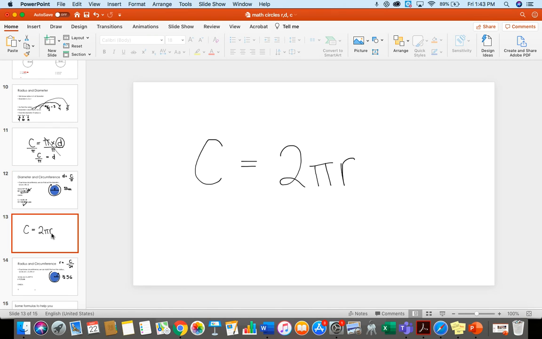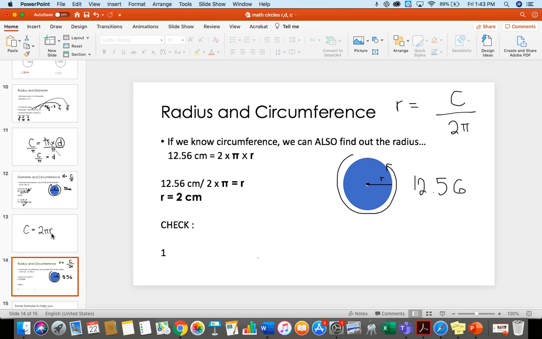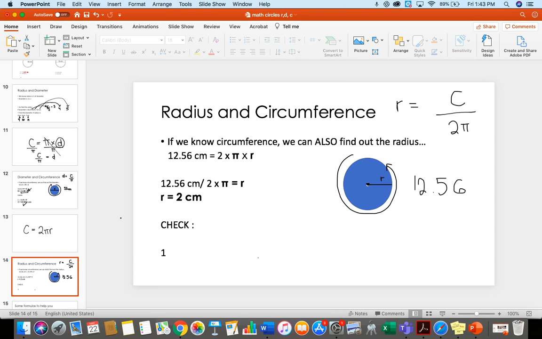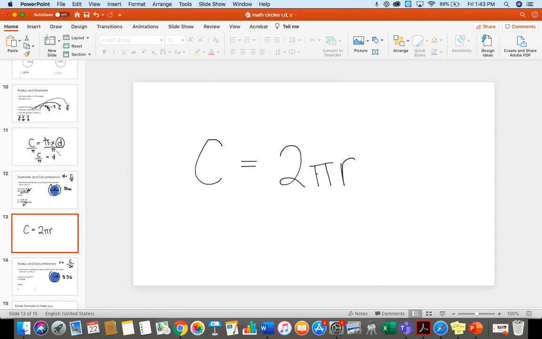Okay, so now let's figure out, how do we figure out radius if we are given circumference? So this is exactly the same as last time. You could even just use this and then just divide it by 2. Or if you want to figure out a specific formula for it, I wrote it at the top over here, and I'm going to explain it to you. So circumference is equal to 2 pi r.